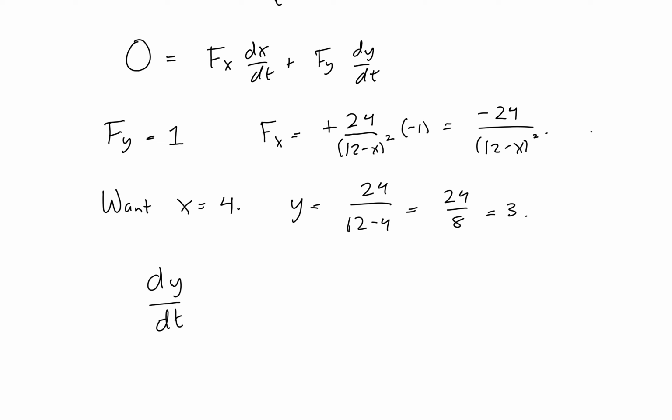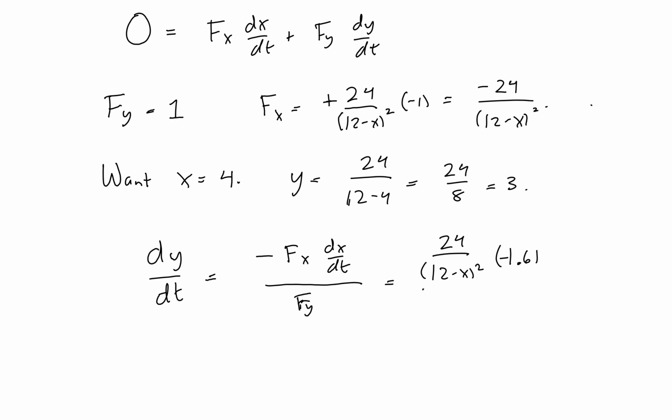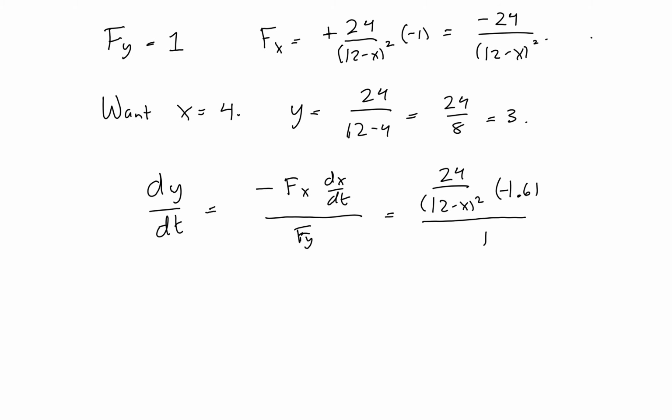So if I solve for dy dt, I get negative f sub x dx dt over f sub y. But f sub y was equal to 1, so this is negative 24 over 12 minus x squared, and I've got minus 1.6 for dx dt.